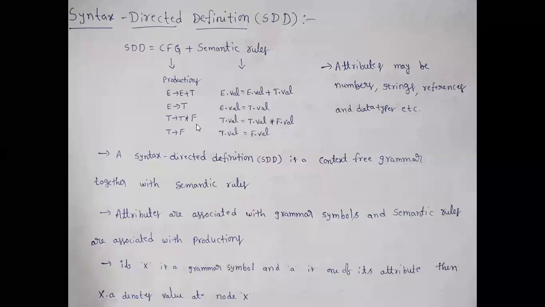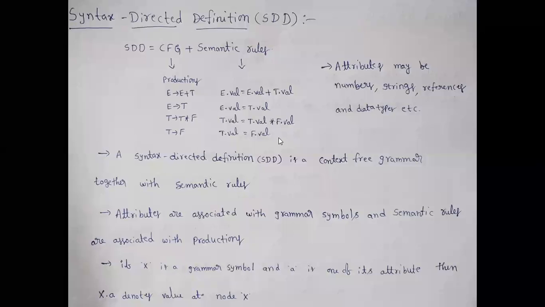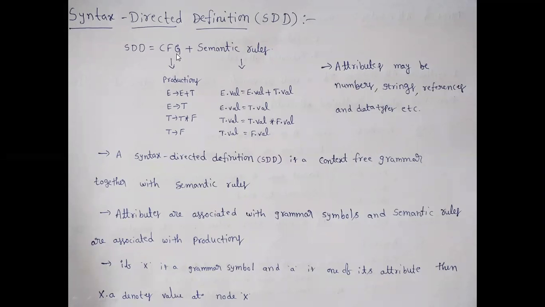And T produces T star F, so T dot VAL equals T dot VAL star F dot VAL. And T produces F, so T dot VAL equals F dot VAL. So this is the total: syntax directed definition equals context free grammar plus semantic rules.